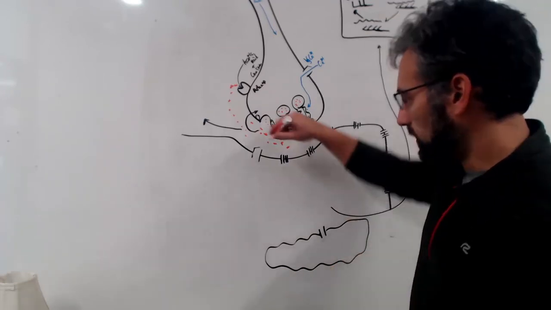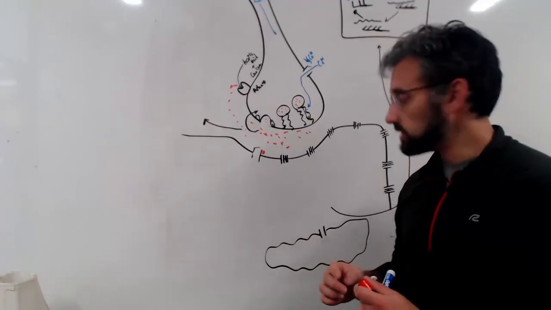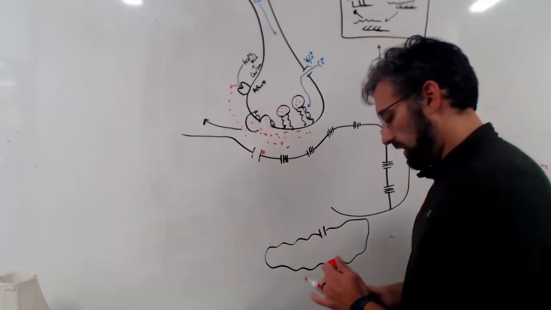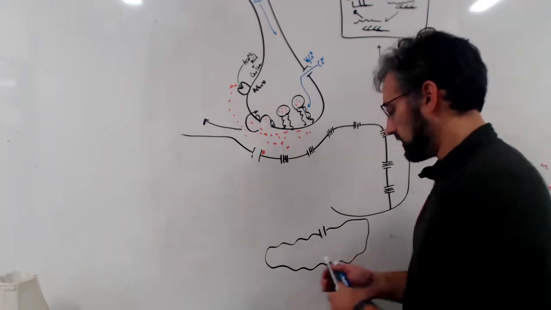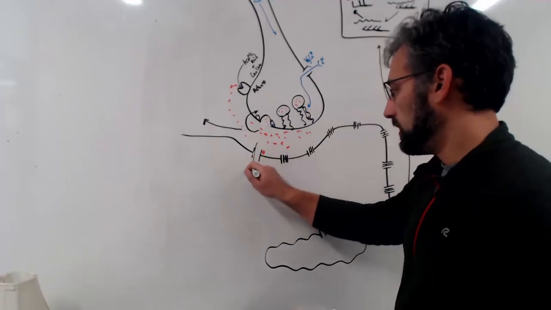Normally what will happen, though, is that acetylcholine is going to bind to the nicotinic acetylcholine receptor, which is going to open the nicotinic acetylcholine receptor. And then that is going to make it so that sodium will go in.